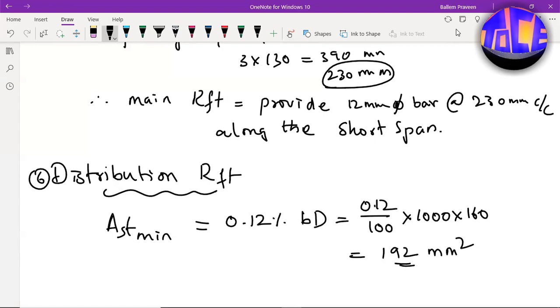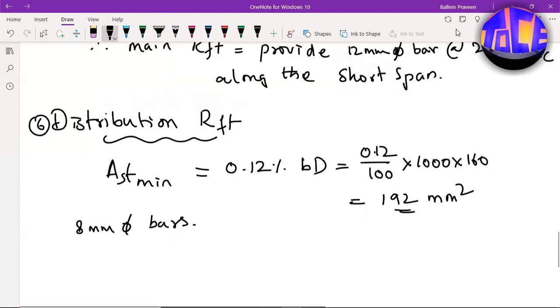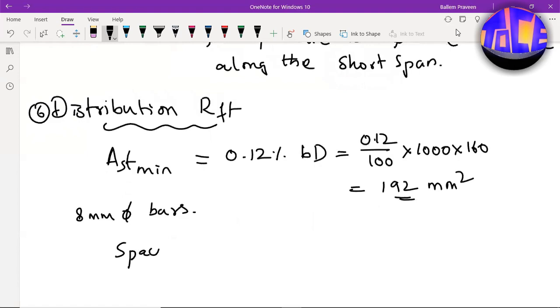mm square. So let us provide 8 mm dia bars. If you provide 8 mm dia bars, what will be the spacing? The spacing will be the area of one bar divided by Ast minimum into 1000, so it will be pi by 4 into 8 square divided by 192 into 1000.